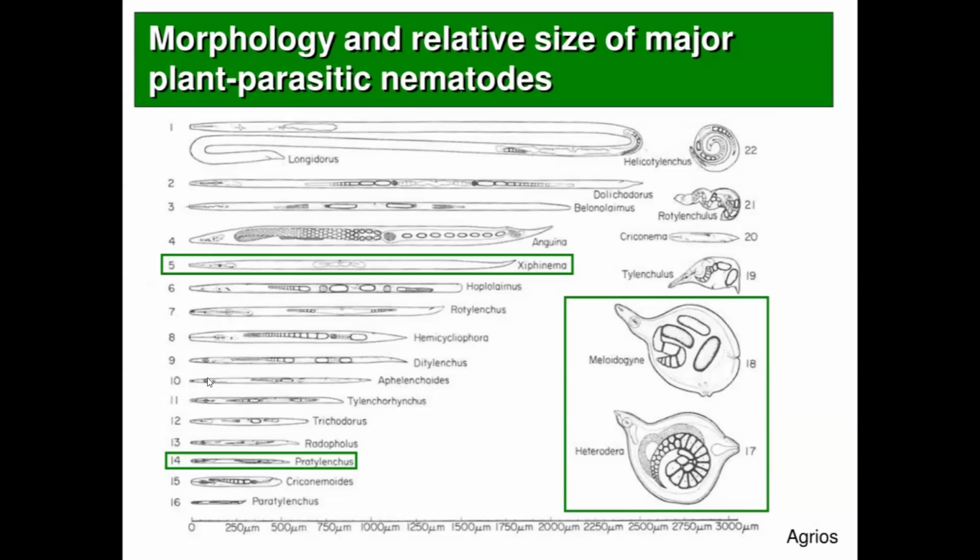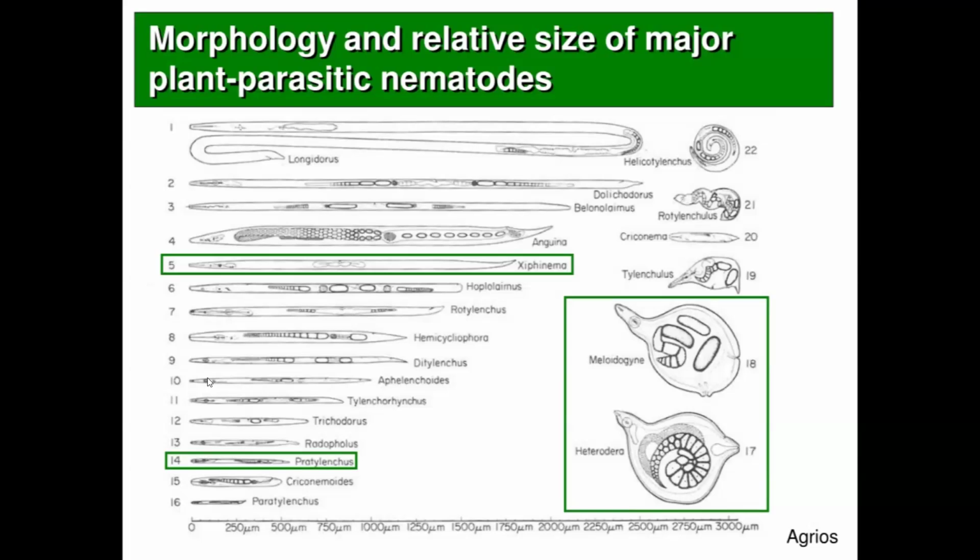So it's Aphilencoides. Michael, what is number 11? I can't see very clearly. No, you can see it clearly, I'm sure. Tylencohicus.